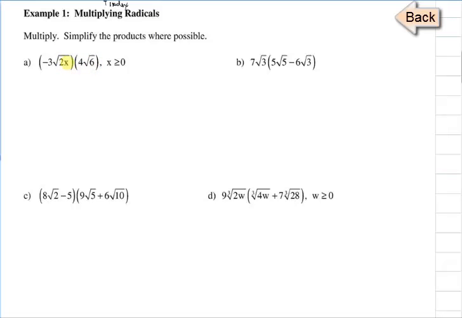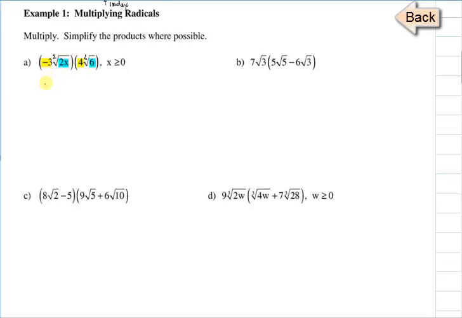Notice we have an x inside the radical sign, and because our index is even, right, our index is a 2, then you need to worry about a restriction, so x must be greater than or equal to 0. Okay, so we're going to follow the rules up above. We're first going to multiply our coefficients, and then secondly we will multiply what is inside the radical signs.